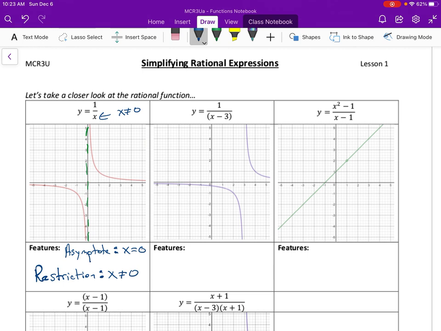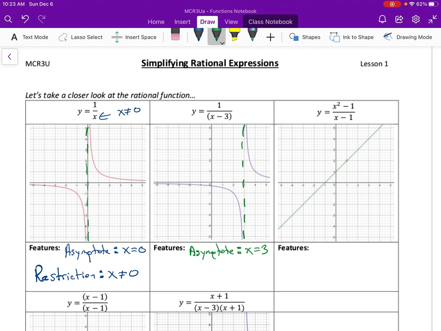And so the restriction on this function is x cannot be equal to 0. And if you look at the next one, look at the equation, but also look at the graph. Right at 3, I also have an asymptote at x equals 3.